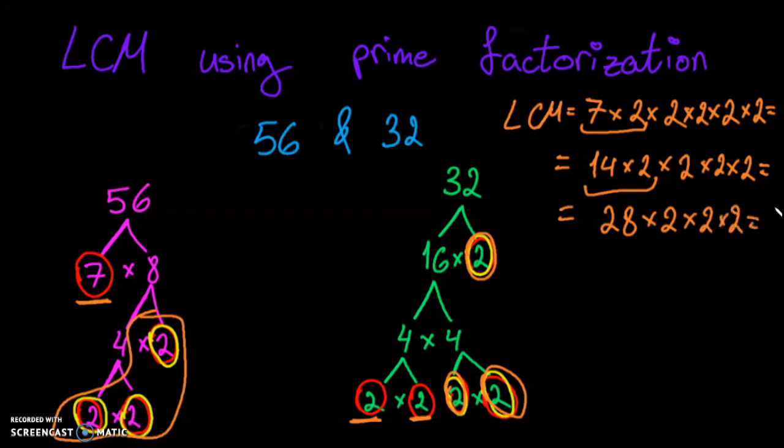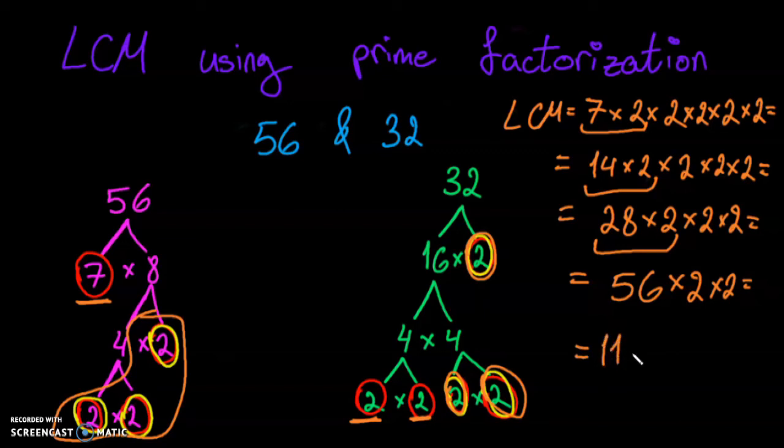Again, 28 times 2, which is 56, times 2, times 2. 56 times 2 is 112, times 2. And one last time, 112 times 2 is 224. We finally got our answer after all of these 2s.